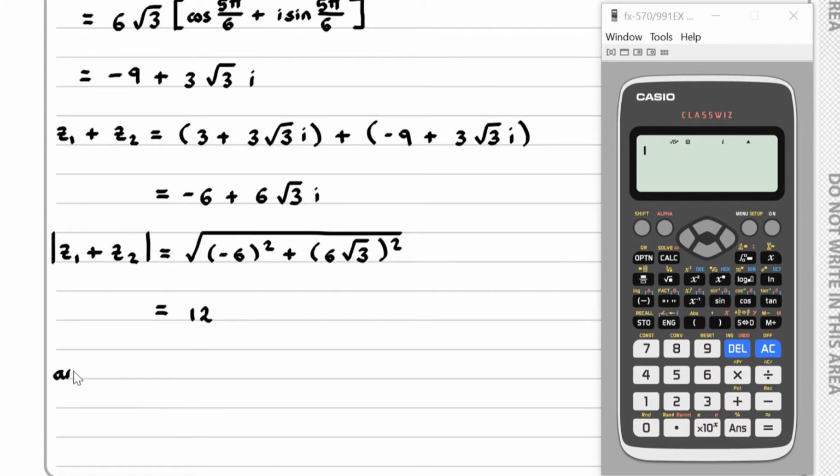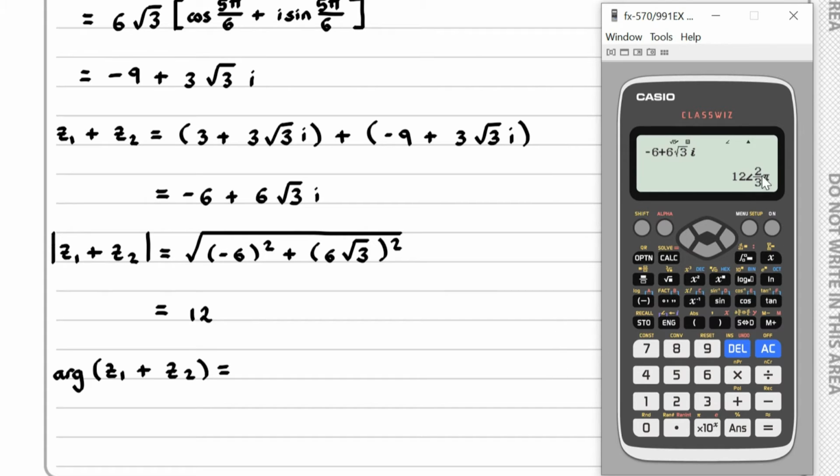The argument of z1 plus z2, that's equal to, well, if z1 plus z2 is equal to minus 6 plus 6 root 3 i, on our calculator, if we change the complex setting to r theta, notice this symbol appears on the top, and then if we type in minus 6 plus 6 root 3 i, it turns out our modulus is 12 and our argument is 2 pi over 3.